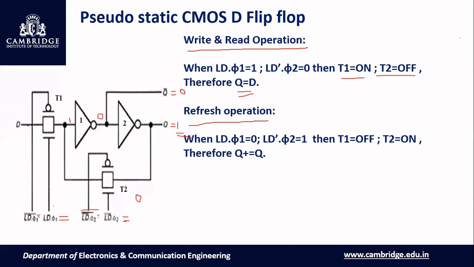Here, two inverters are connected back to back. Because of that, your data will be stored for a longer duration, right? Here, I'll make LD bar dot phi 2 as 1, so that LD bar dot phi 2 whole bar will become 0, and T2 will be turned on.